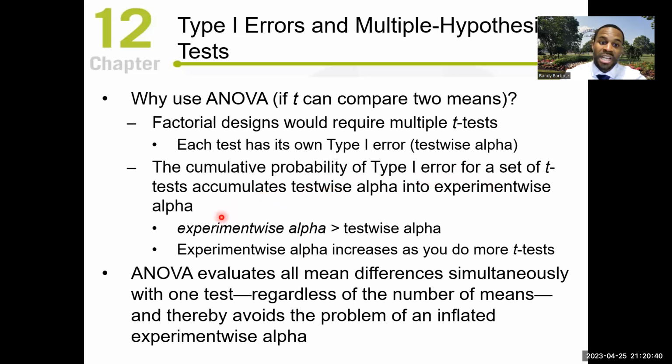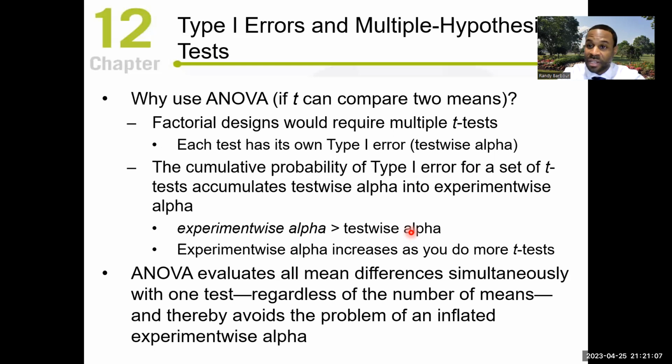So experiment-wise alpha is that cumulative probability. The test-wise alpha is that one test, right? So your experiment-wise alpha, as you add all those alphas up, is going to be larger than the test-wise alpha. And so what I want to do is reduce that probability that I'm going to get a type 1 error, because that type 1 error is not good, right?